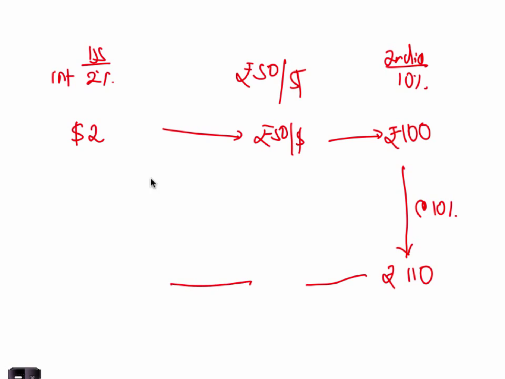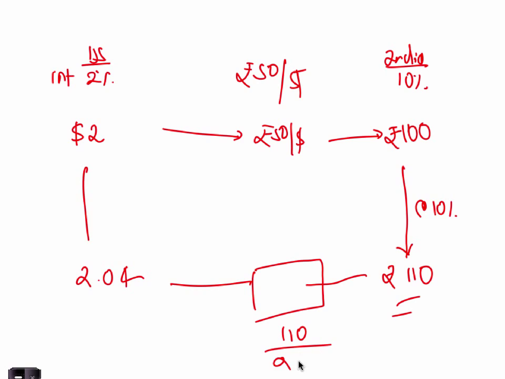Now he goes to a banker on day 0 itself and asks, tell me one rate today at which you will allow me to sell my Indian rupees 110 back to US dollars. So the banker will calculate that the rate is going to be 110 divided by 2.04. Can you calculate how much that is? 110 divided by 2.04 is 53.93.